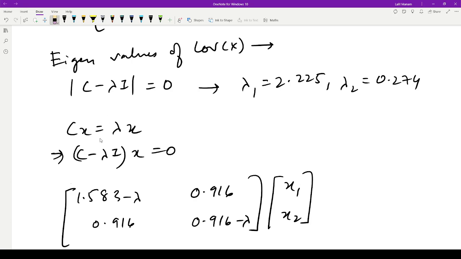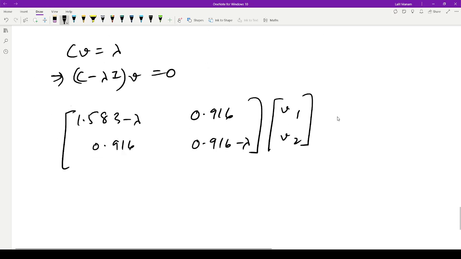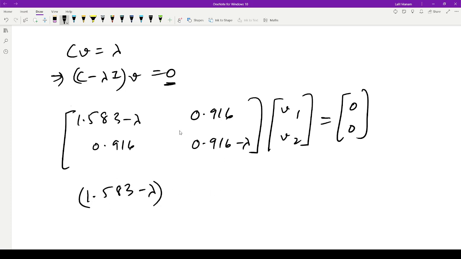Okay, people confused. I'm using x everywhere. Maybe we'll write it as v. So this is v1 and v2. Given that this should be 0, since it is in a null space, you can just get these equations. 1.583 minus lambda times v1 plus 0.916 times v2 equals 0.